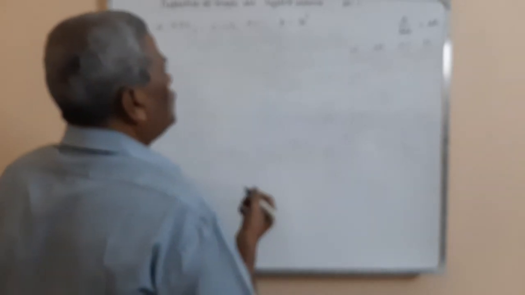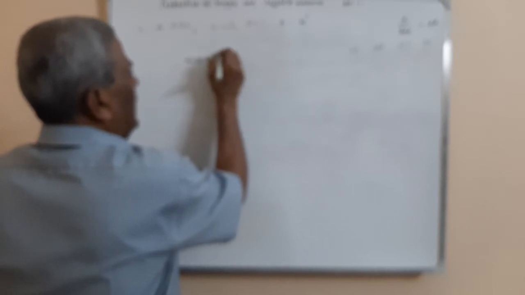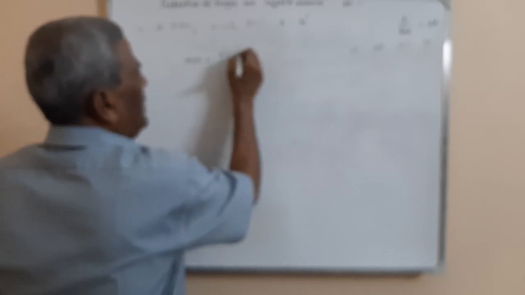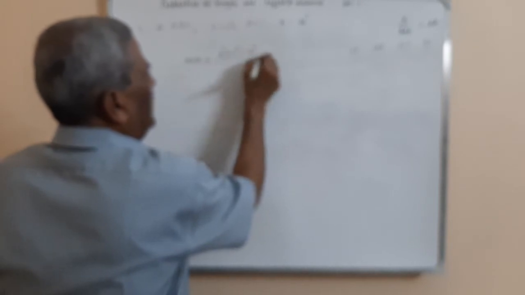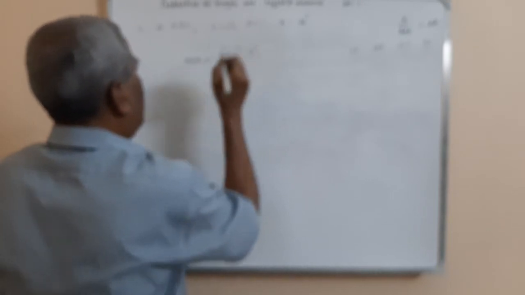So from here, if you use the cosine formula for angle A, cos A will be b square plus c square minus a square divided by 2bc.